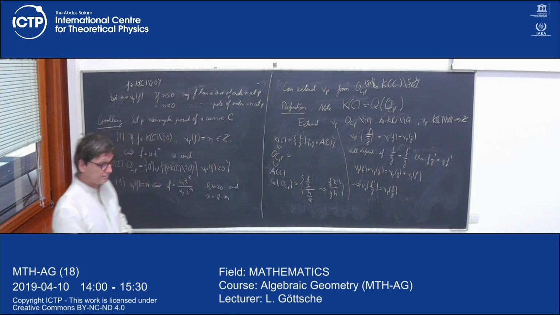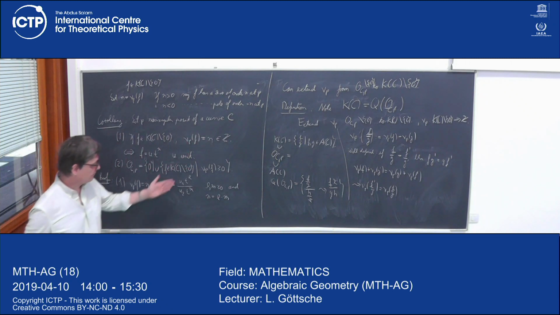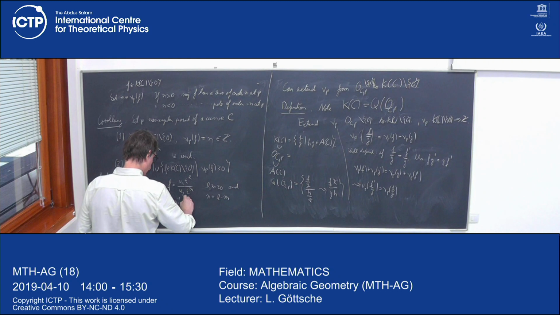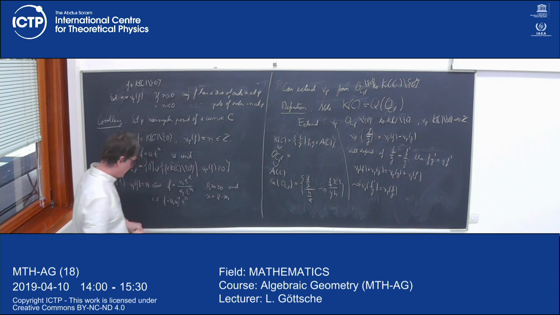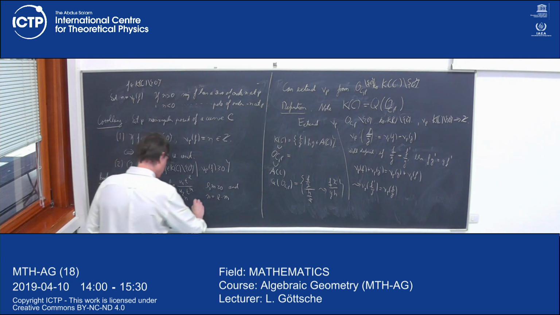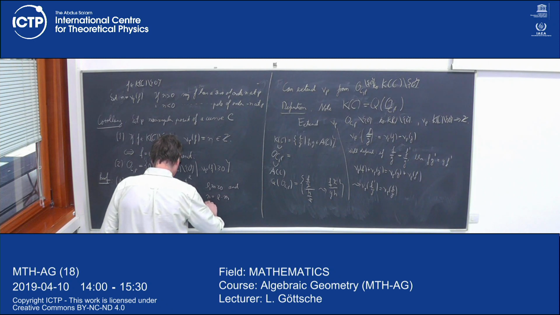That's the definition. Then obviously we can divide, so f is equal to u1 times u2 to the minus 1 times t to the l minus m. The product of two units is a unit, so u1 u2 to the minus 1 is a unit.